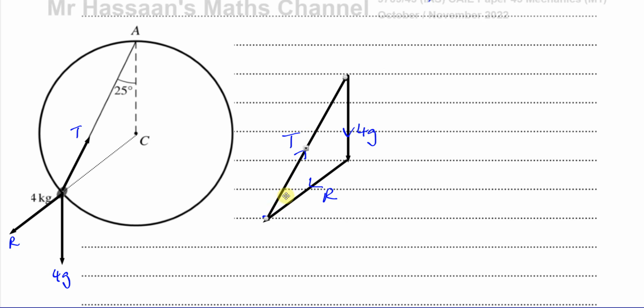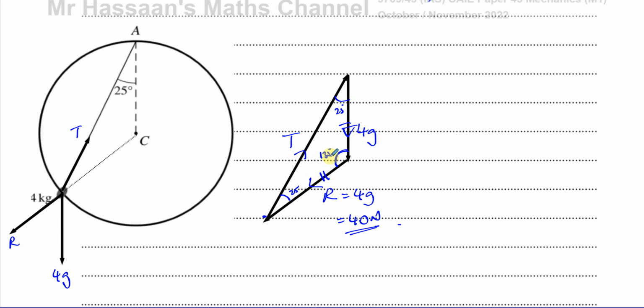This angle is 25, and as we mentioned, this must also be 25. The angle between R and T is 25, which means this must be isosceles. So this must be 4G, which we found R equals 40. So we can work that out almost immediately. It's an isosceles triangle, right? And then we know that this angle here is 180 minus 50, which is 130.